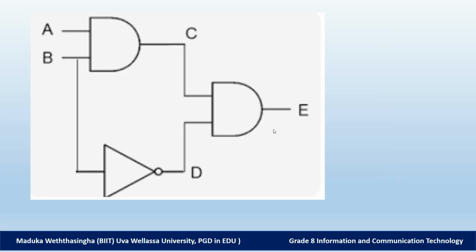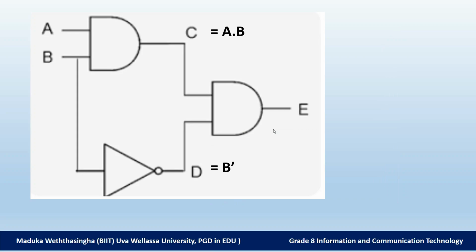This is our second example. There are 3 logic gates, 2 AND gates and 1 NOT gate. And mainly there are two inputs, A and B. So let's write down the output. Here C equals A dot B because it's an AND gate.